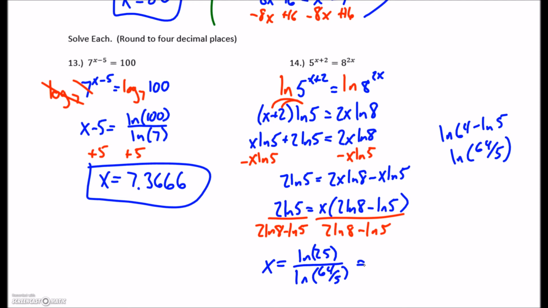When we plug this into the calculator, it gives 1.2626 to 4 decimal places. And that's it. Just be really careful as you punch this into the calculator. Use your properties of logarithms to simplify this and make it a little bit easier.